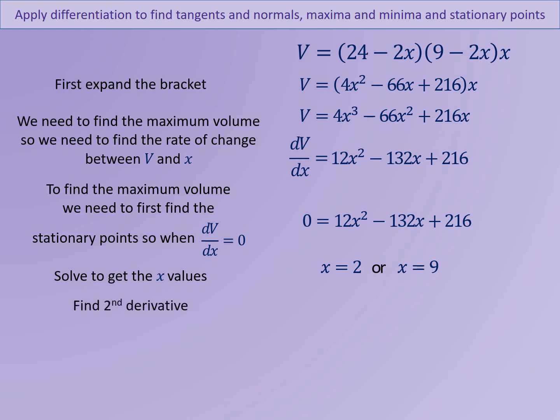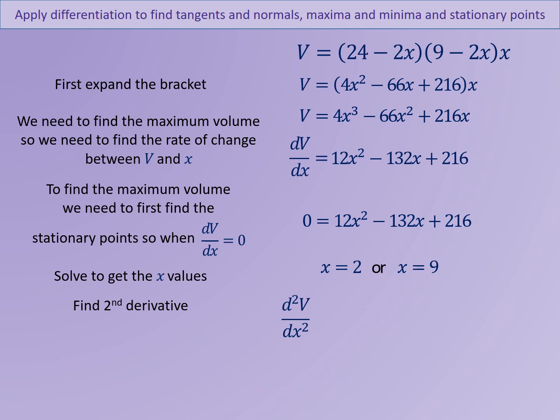To decide which one is going to give us the maximum volume, I can do various things, but one of the things I can do is to find the second derivative. The second derivative, remember, is used to find out whether my stationary point is a maximum or a minimum.